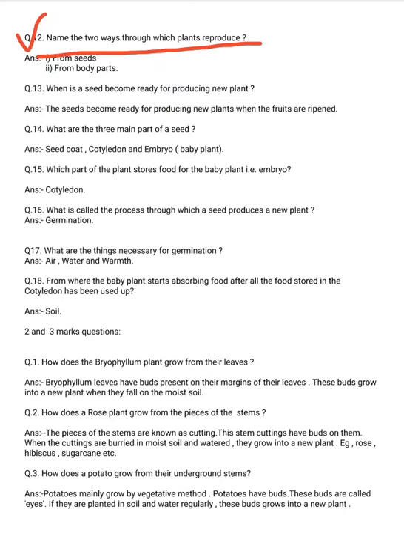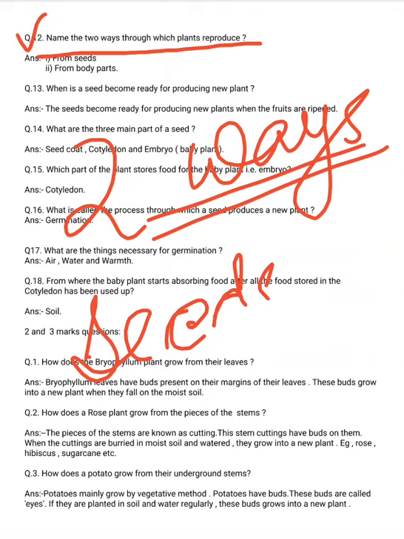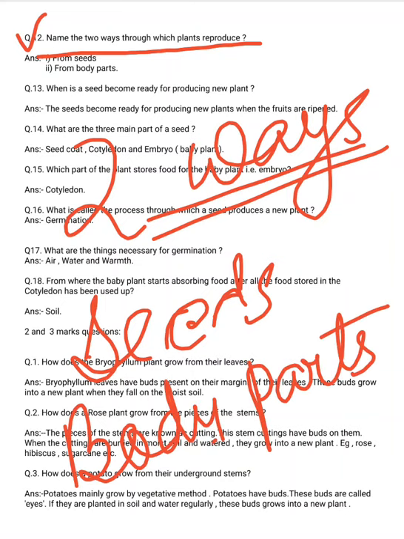One is from seeds and another is from body parts. So, name 2 ways through which plants reproduce: one is from seeds and another is from body parts. Remember this.